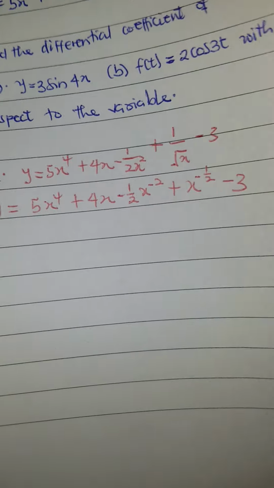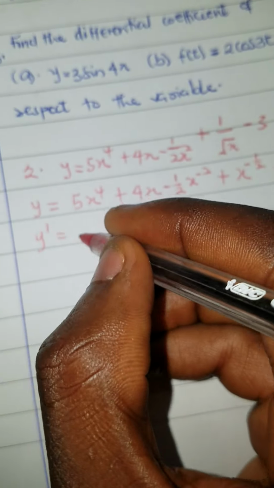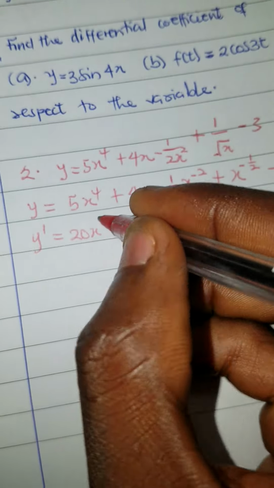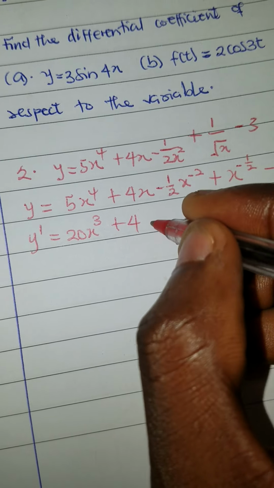Now if we are solving this, our y prime is equal to 20x cube plus 4.